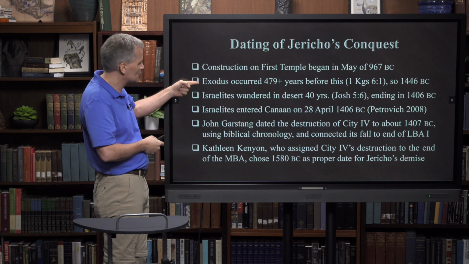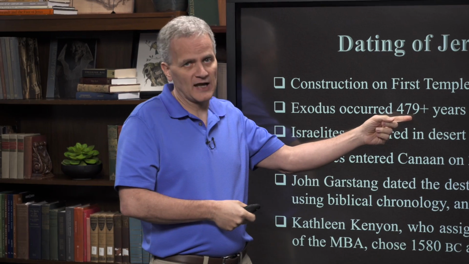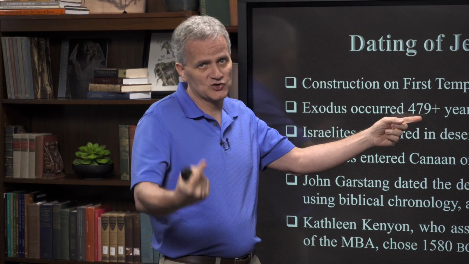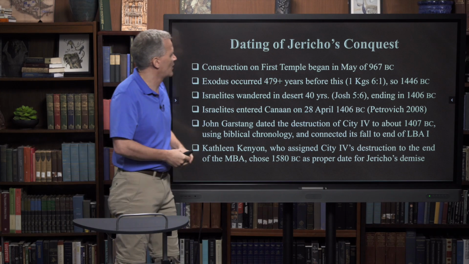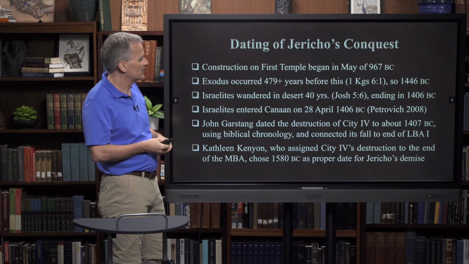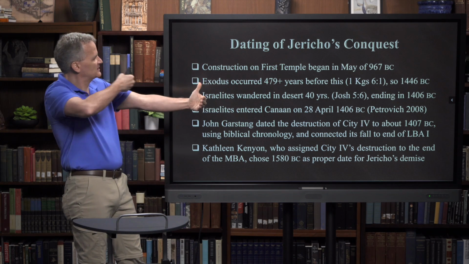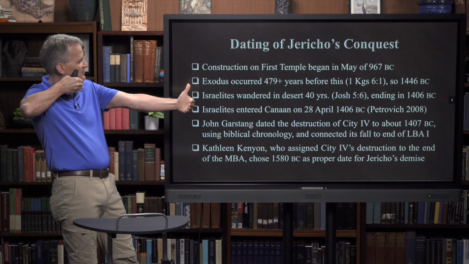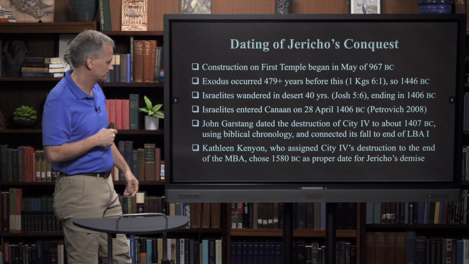Well, the Exodus occurred 479 plus years, meaning not 480, but 479 and change years before the beginning of the building of the first temple. 1 Kings 6:1, you can look it up. It's very clear. So going back in time from 967 BC, 479 plus years earlier, you end up in 1446 BC.